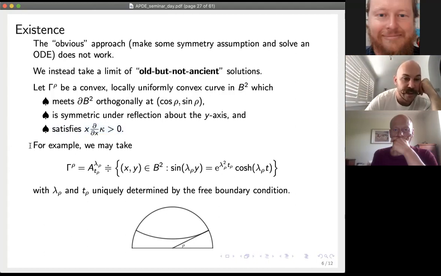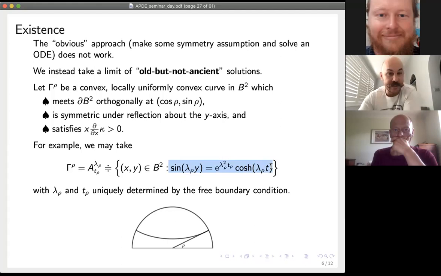It's pretty clear that such things exist, but to give a very explicit example of such a curve, you can take a suitable time slice of a suitably scaled Ungenant oval solution.